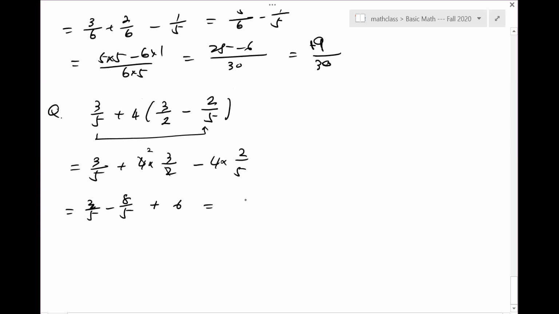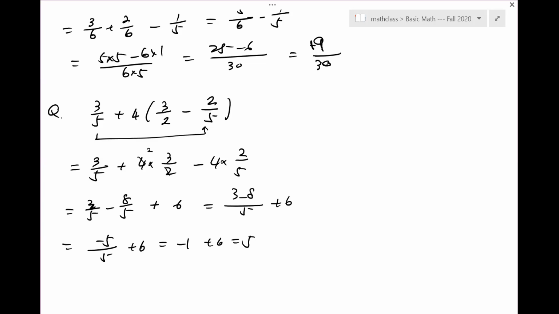And then 3 minus 8/5 plus 6. 3 minus 8 is -5. So it will be -1 plus 6. The answer is 5. Yes, we also have three solutions all give me answers, right? 5 is the correct answer. Okay. I hope as a student you also are able to get this, although you did not post it.